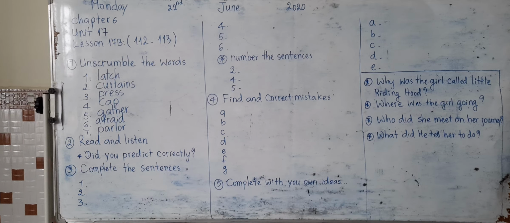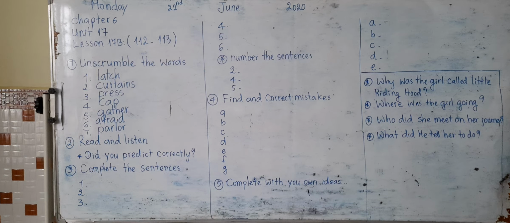Then she had gone over to her grandmother's bed and opened the curtains. Grandmother was lying there with her cap covering her face and looking very strange. Oh, grandmother, what big ears you have, she said. All the better to hear you with, replied the wolf. Oh, grandmother, what big eyes you have, she said next.